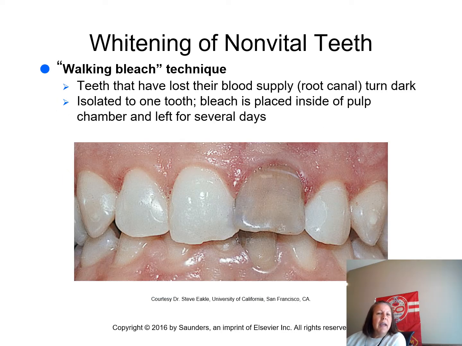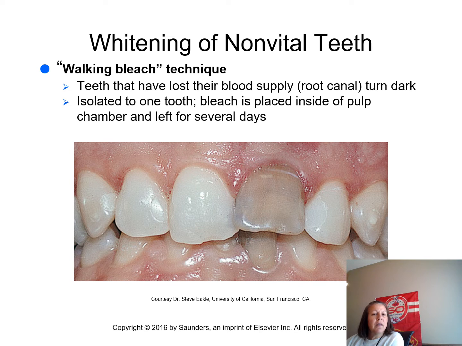Now, let's say a patient has a tooth that has lost its blood supply, such as tooth number 9 or 24 in this slide. That is a tooth that's probably sustained some sort of trauma. Over time, the nerve that's found in that pulp chamber turns dark.